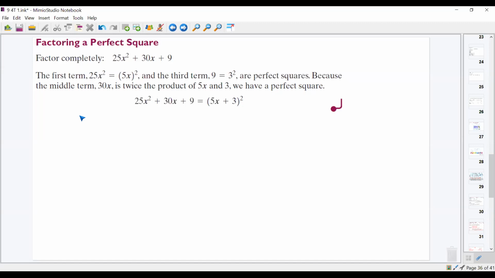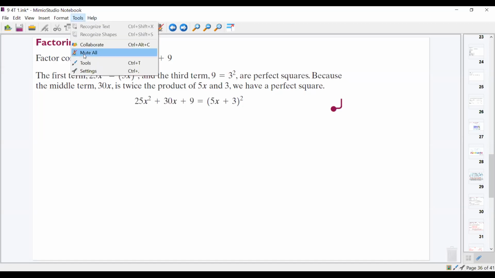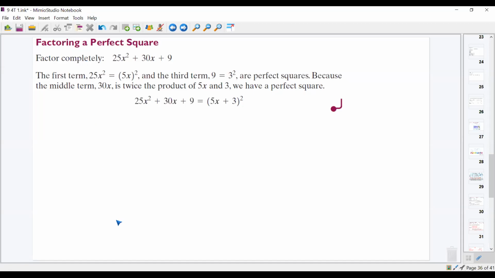Okay, I don't have a pencil, guys. Oh my God, Houston, we have a problem. No pencil.